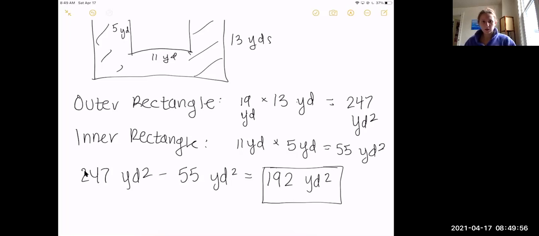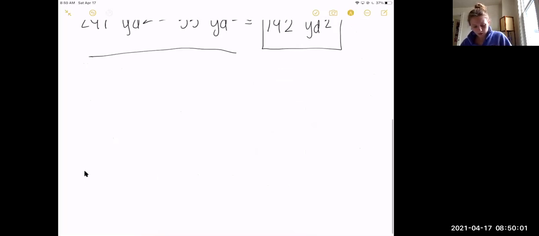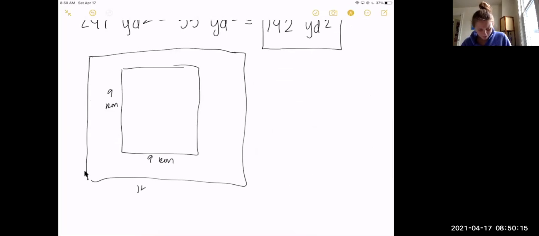The next one we're going to do, I'm just going to draw it out instead of sharing my screen. Okay, so we have two squares: 9 km and 9 km, and 14 kilometers and 14 kilometers. We're just going to use the same process that we did before.